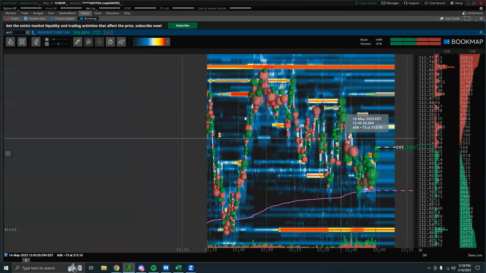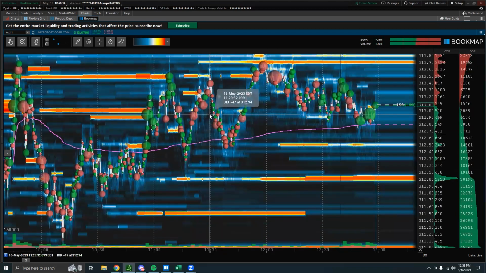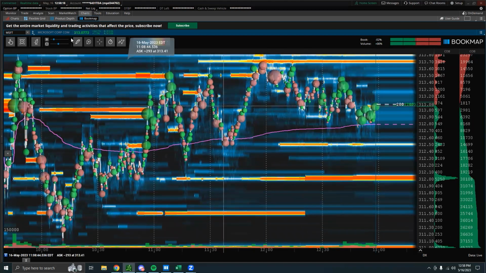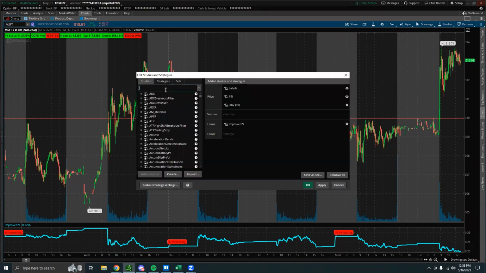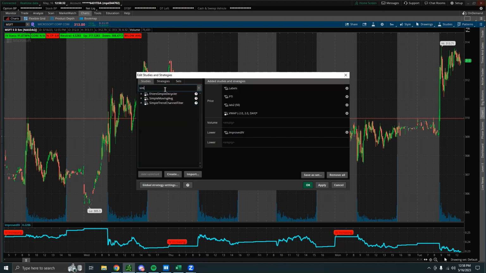At the same time, if you see a bunch of red dots, it shows you that the selling pressure is getting more and more aggressive, and it's pretty bearish to see. But the key thing to keep in mind is, let's say we go to your normal stock chart. Well, let's say we go back to Microsoft. What we can do is go add studies, and we can add VWAP, and maybe we might add a simple moving average or two.